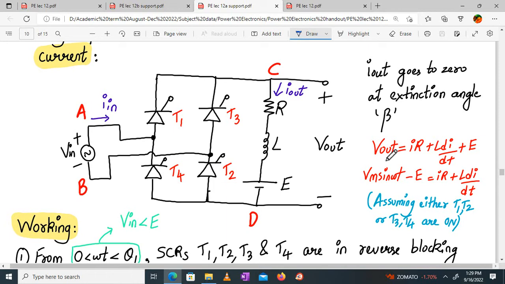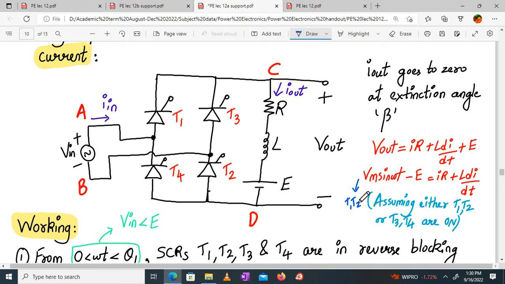What we want is a controlled fashion, either two of them on, right? So in this case, in the equation which I have written, T1 and T2 should be on. Why? If T3 and T4 were on, here the minus sign would come, because this would be minus Vm sin omega t.